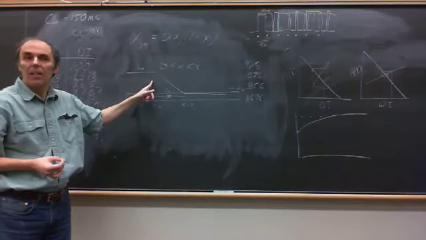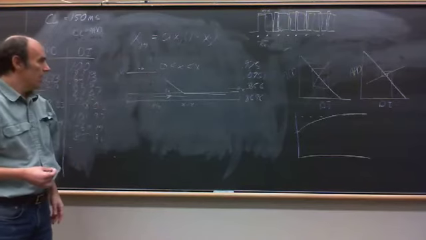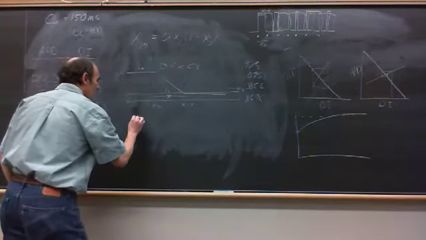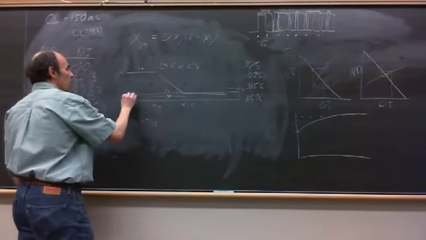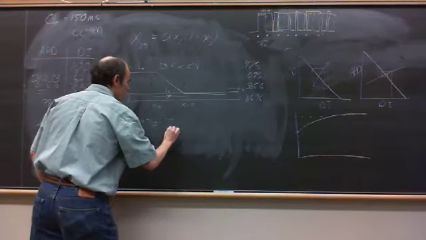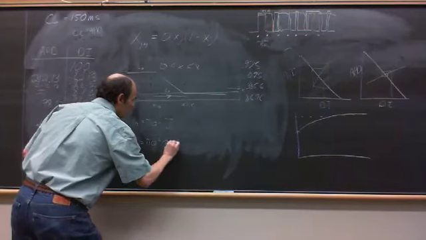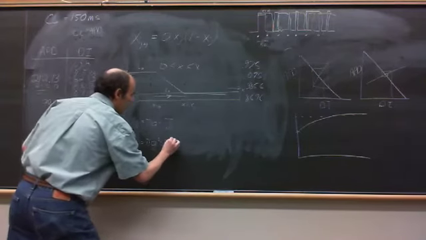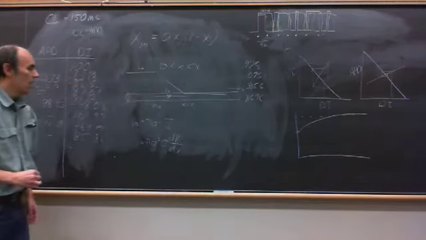Then if you want to get it quantitative, you just have to really know what the voltage drop is. And if you know the current is going to be pi a squared, that's the cross-sectional area, times the current density. And the current density is going to be conductivity times minus dVi/dx.